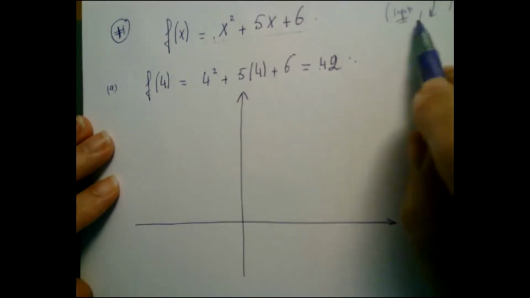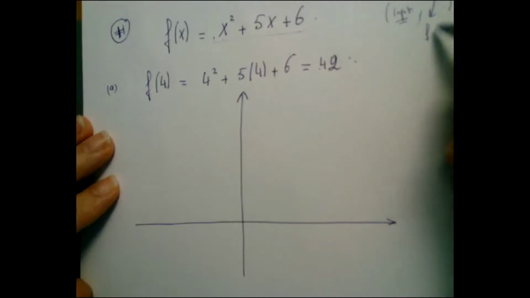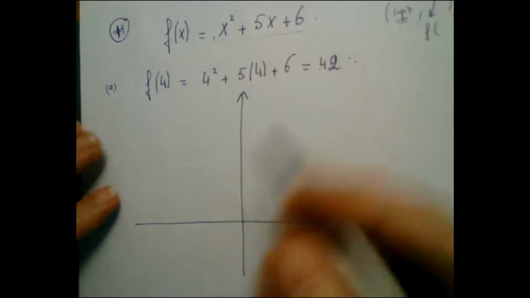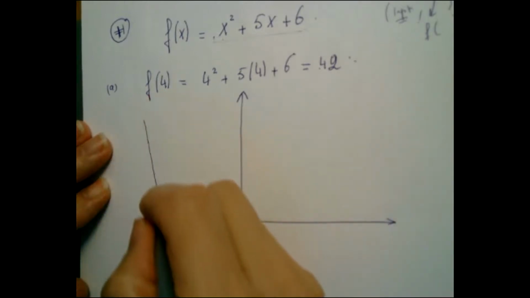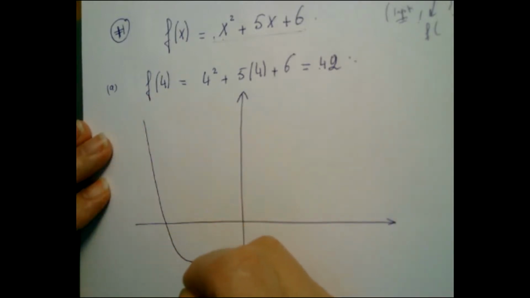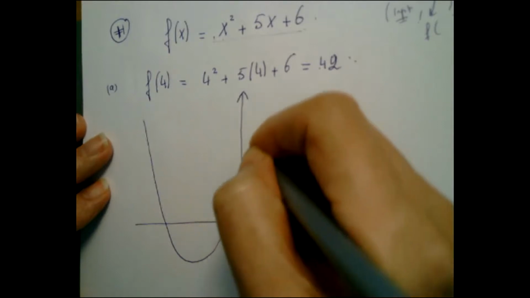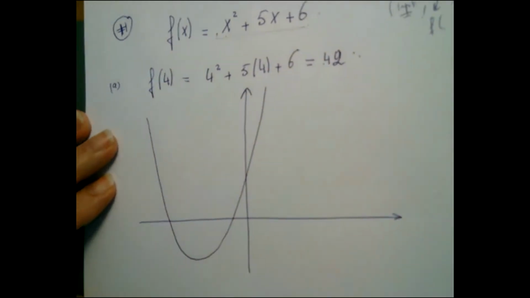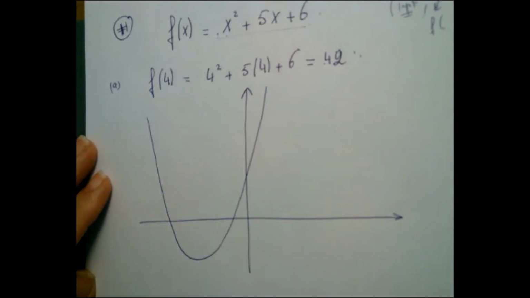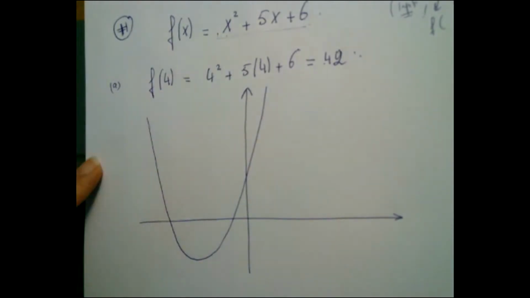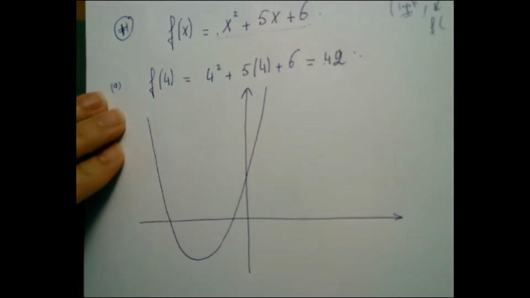So the first coordinate is the input, and the second is the output. If I sketch all the points, I get a picture that we can pick up from our calculator, or later on we'll be able to sketch it very easily. Where did you get the 4 from? From the book. This was problem A. The question is, what does f do to 4? It takes it to 42.